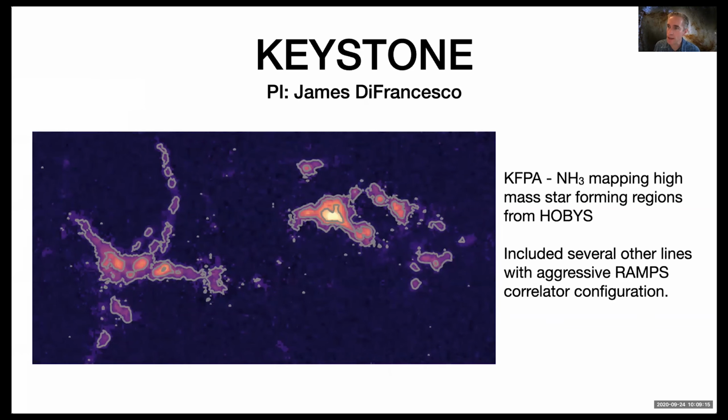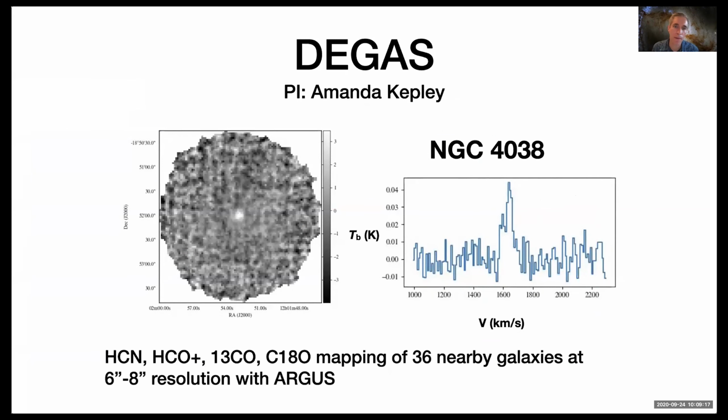And finally, Amanda Kepley spoke yesterday about the Degas survey, which she is leading. And what's happening here is we're using the actual Argus instrument to carry out an extragalactic survey of very faint spectroscopic lines, here mapping 36 nearby galaxies in these dense gas tracers. And the key point here is that this is using Argus, so it's going to be a very similar technology to what the Argus Plus instrument would have.